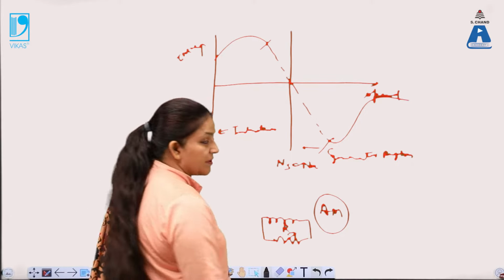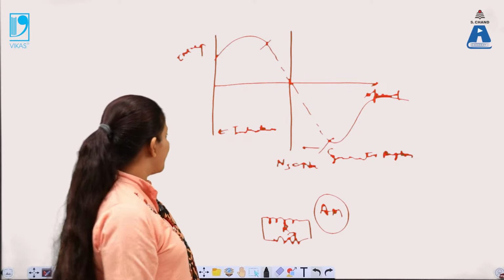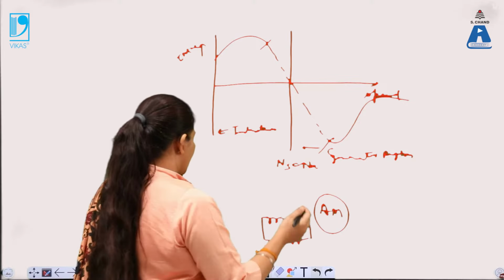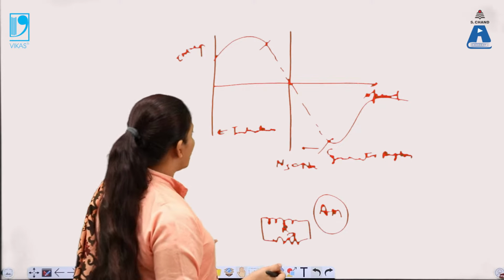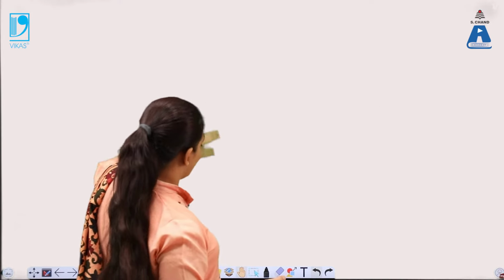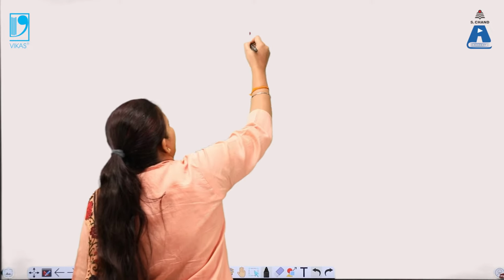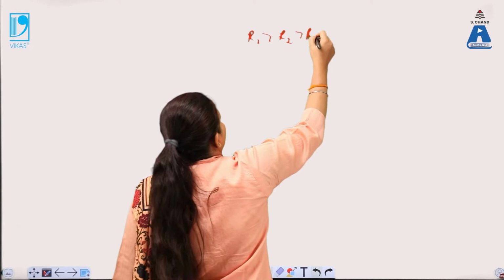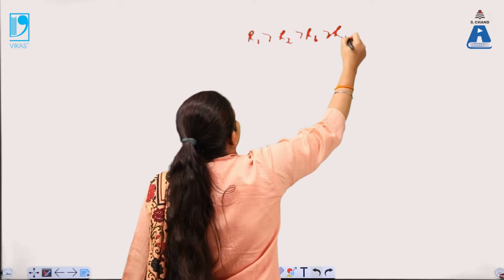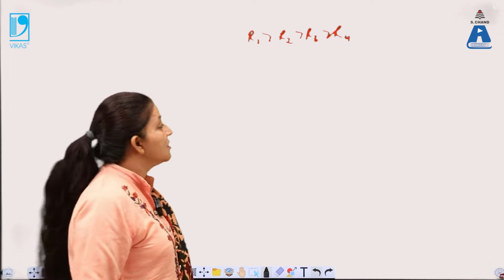Let us suppose we have taken four values of the resistance: R1, R2, R3 and R4, where R1 is more than R2, R3 and R4.